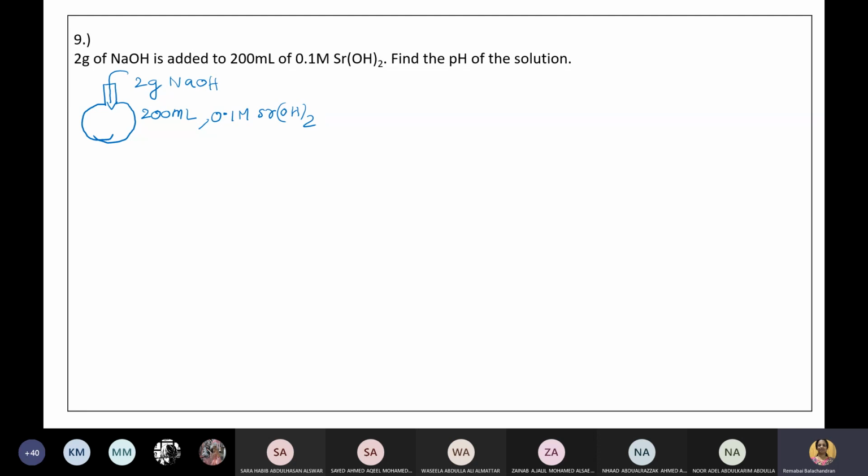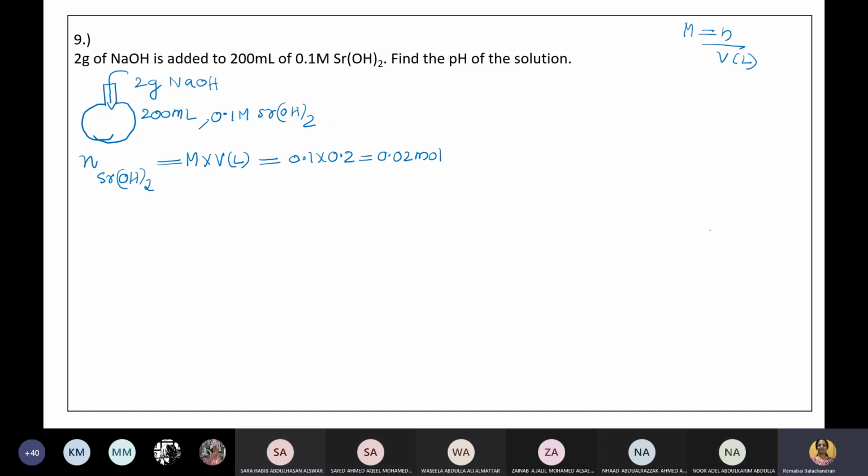First of all, you can find the number of moles of Sr(OH)2. You know the formula for molarity. Molarity is n over V in liter. So n will be equal to molarity times volume in liter, correct? So it's 0.1 multiplied by 0.2, which is 0.02 mole.